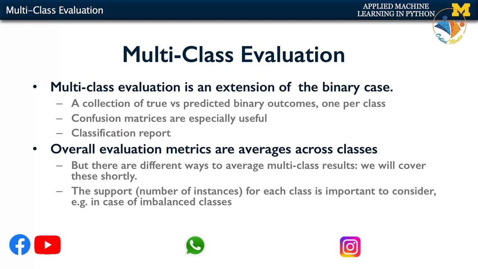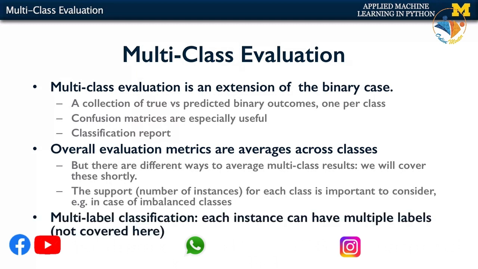The support, the number of instances for each class, is important to consider. So just as we were interested in how to handle imbalanced classes in the binary case, it's important, as we'll see, to consider a similar issue of how the support for classes might vary to a large or small extent across multiple classes.